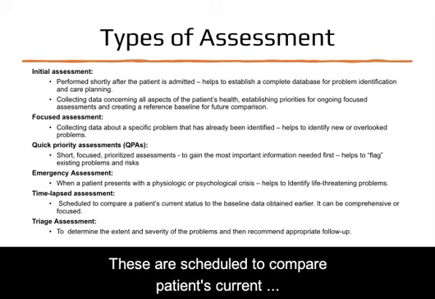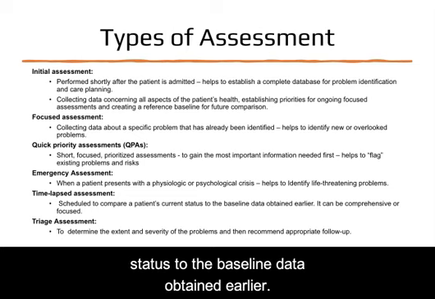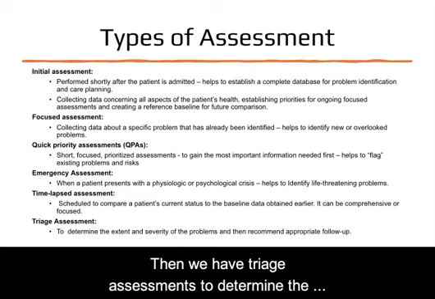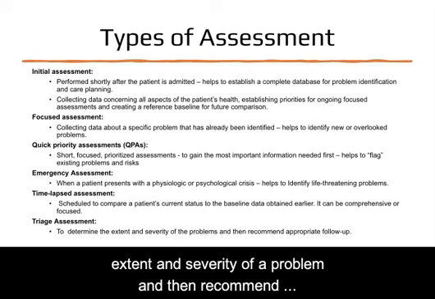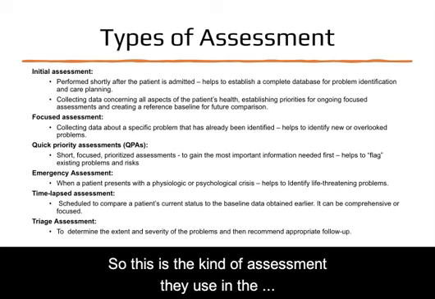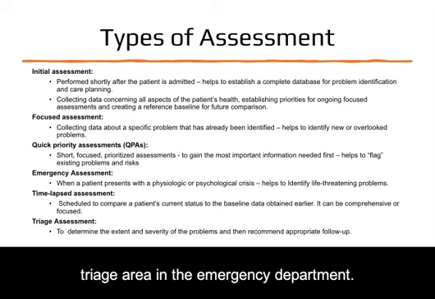These are scheduled to compare patients' current status to the baseline data obtained earlier. They can also be comprehensive or focused. Then we have triage assessments to determine the extent and severity of a problem and then recommend appropriate follow-up. So this is the kind of assessment they use in the triage area in the emergency department.